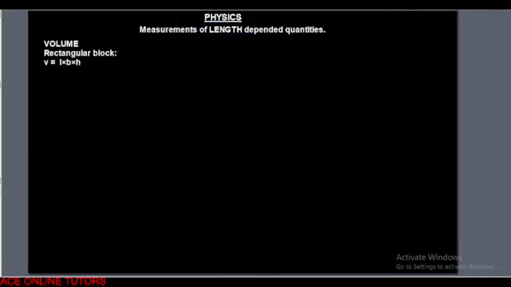So, for example, we have volume. How do you determine the volume? Now, the volume of an object can be determined based on the shape of the object. We have objects that are regular, and we have objects that are irregular.